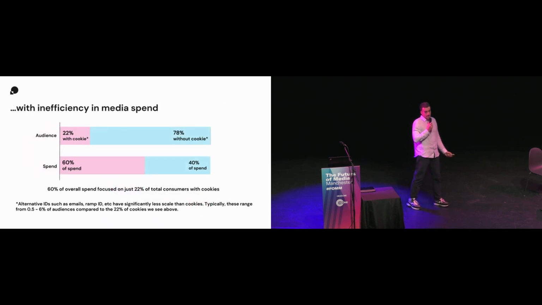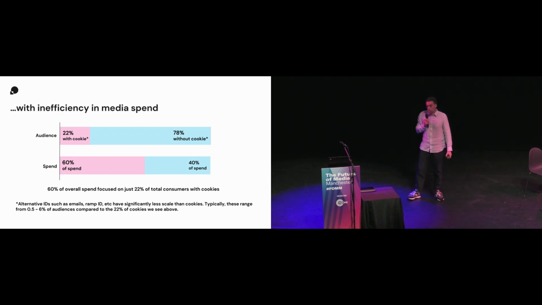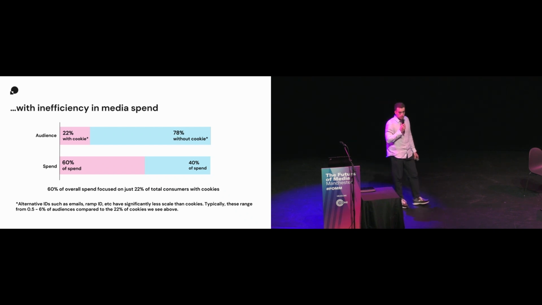And the impact of that is inefficiency in media spend. DSPs are built to be supplied by cookies, and that means you have situations like this, where one of our advertisers that we did an audit with before an activation, we saw an over-reliance on a cookied audience. So they were spending 60% of their media to reach 22% of their audience.